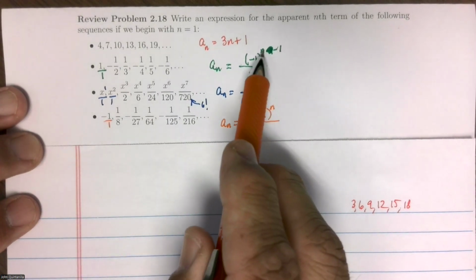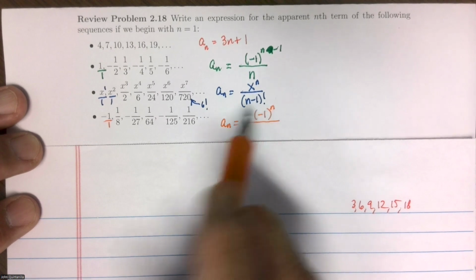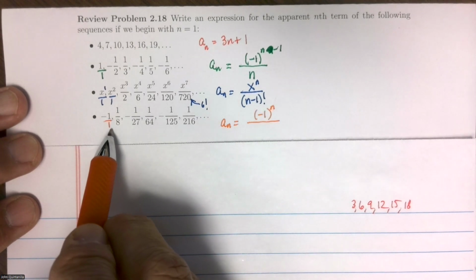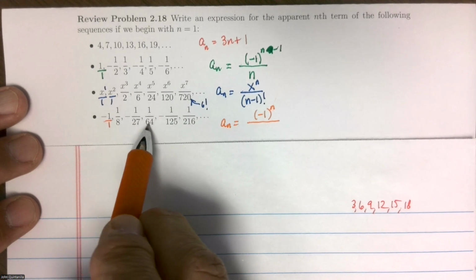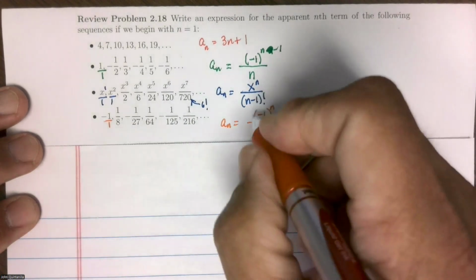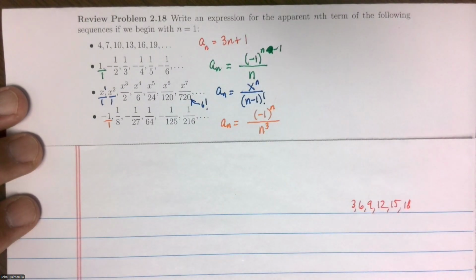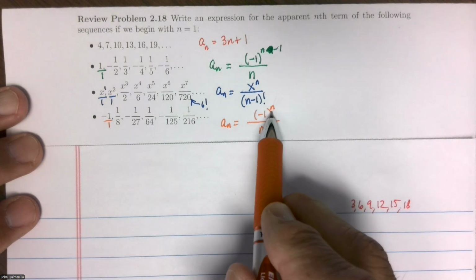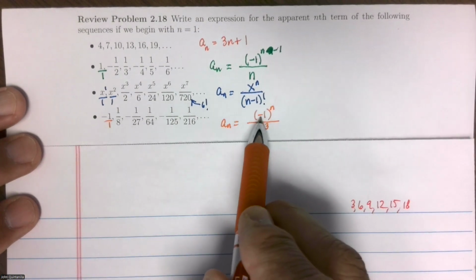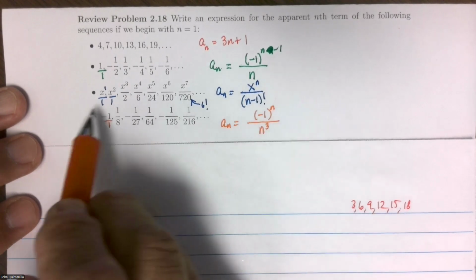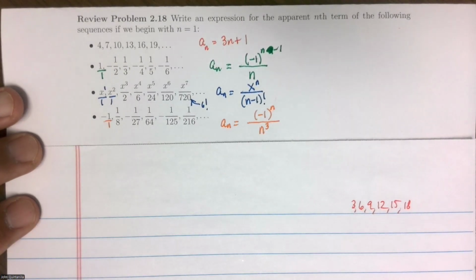So this one here, I had n minus 1. This one will leave as negative 1 to the n. On the bottom, I have cubes. 1 cubed, 2 cubed, 3 cubed, 4 cubed, 5 cubed, and so on. And so because all of those are perfect cubes, I can write the pattern as negative 1 to the n over n cubed. And I have an n here because when I plug in 1, negative 1 to the first is negative 1, which matches what I have over here.